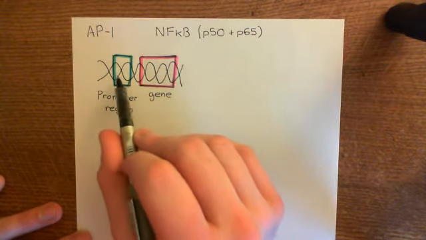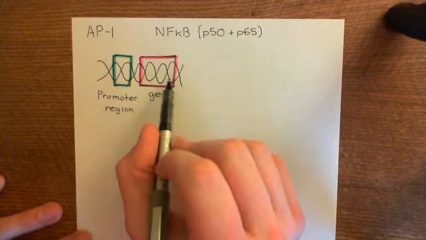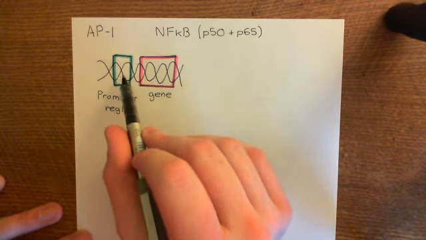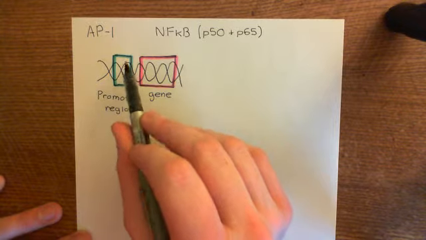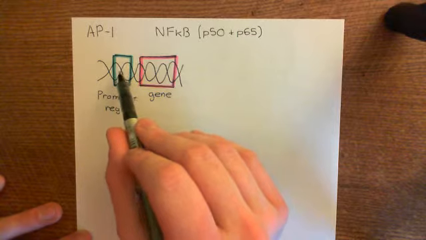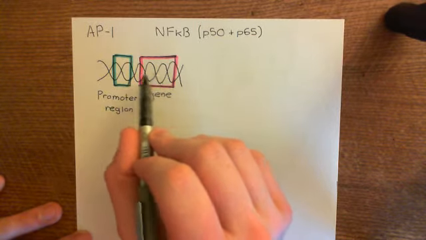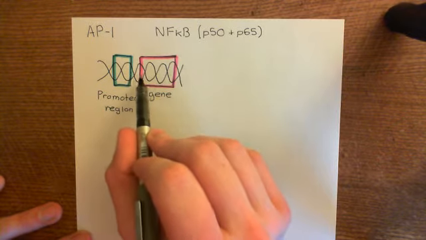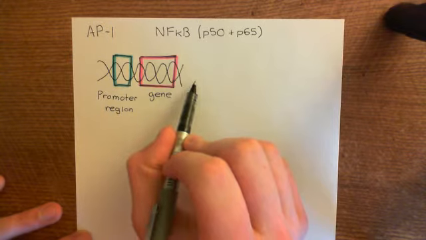Okay, so that's how the promoter region controls the expression of the gene, because if the promoter region is really good at binding to the RNA polymerase, i.e. if it's got high affinity for the RNA polymerase binding, then the RNA polymerase will bind a lot, and that means that you'll get a lot of the mRNA for this gene being produced, and if you get a lot of the mRNA being produced, then you'll get a lot of protein produced.